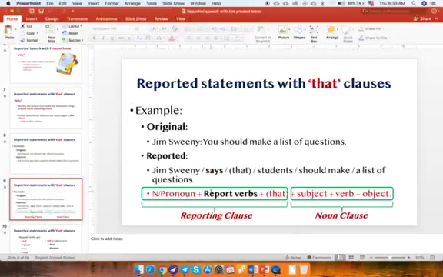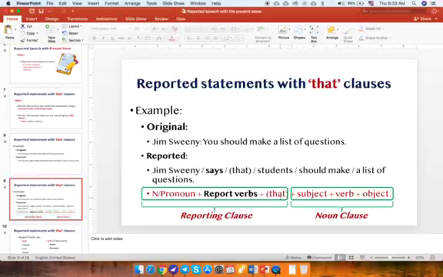Let's see, I classified it into forms. S.Vireak, say, plus that, plus student, plus verb, plus the object. The noun or pronoun here refers to the person who made the statement, and "say" is the reporting verb. There are some reporting verbs we use, and I will show you in the next slide.